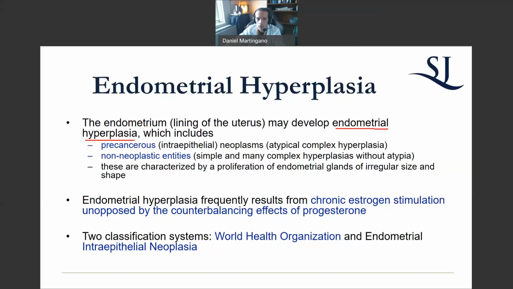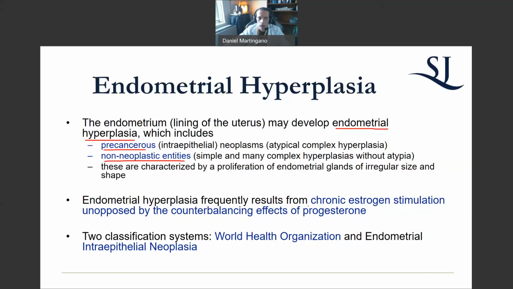So at the end of the day, endometrial hyperplasia is just a growth of more cells. You could have non-neoplastic entities and precancerous entities, okay? And then endometrial glands, their size and shape also, that is referred to as atypia, and that also is part of it.